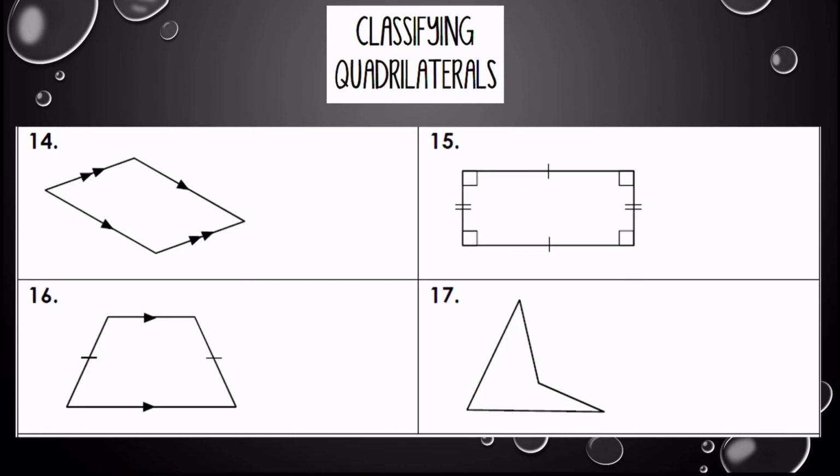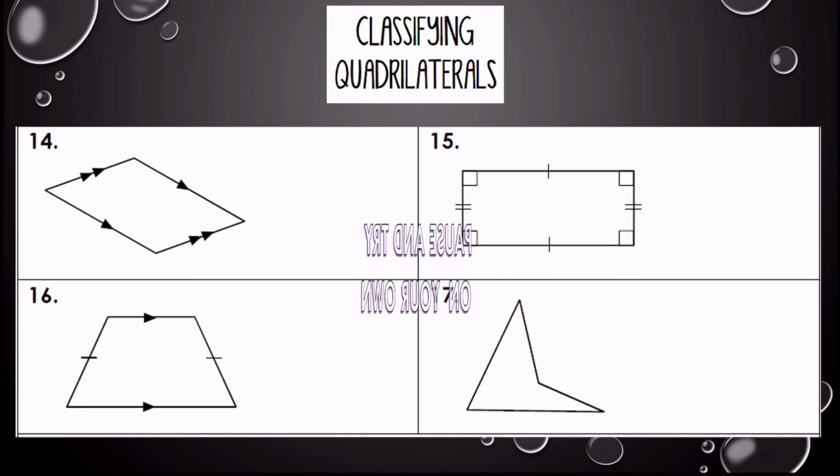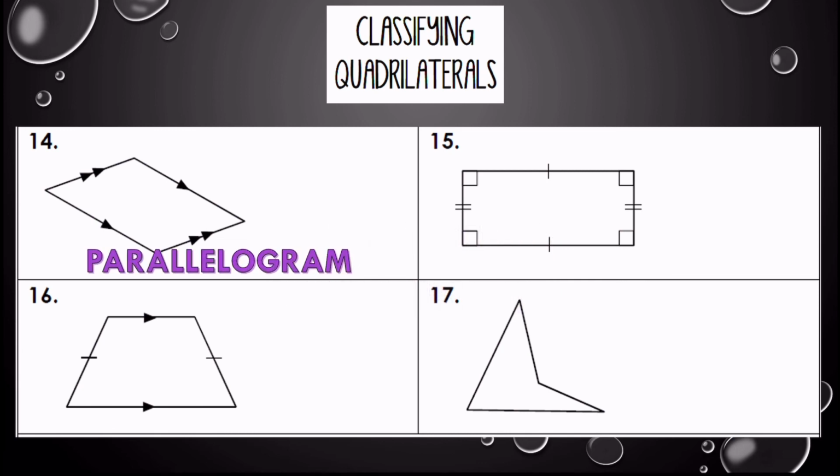So I want you to pause now and try these on your own. All I'm going to do is go through rather quickly and show you the answer, but you need to first try it and see if you were correct. That's how you'll better understand it. Okay, let's look. 14 is a parallelogram. All we know is opposite sides are parallel. 15, we see the four right angles.